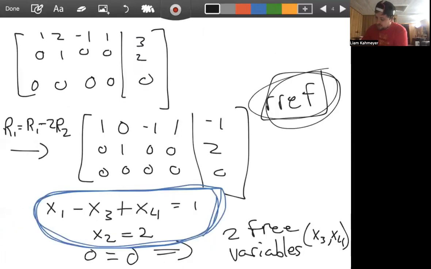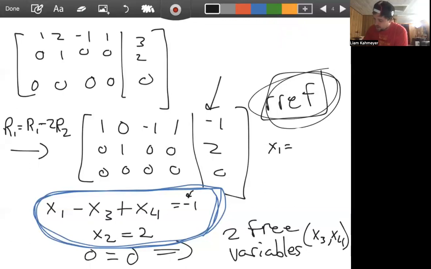Well, for x1, it looks like, or let's say, sorry, because that should be a -1, right? Because of the negative here, this should be a negative. So sorry for the small typo there.